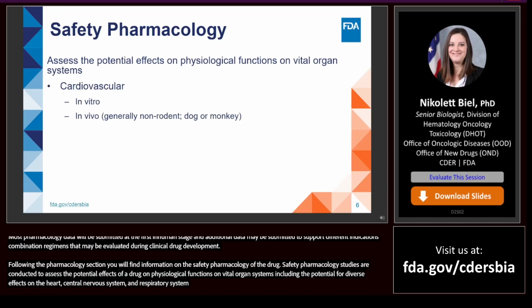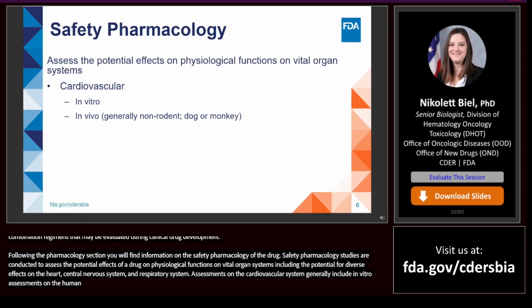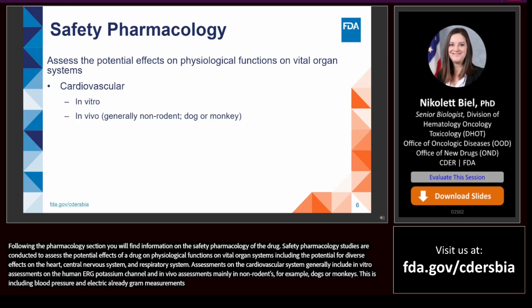Assessments on the cardiovascular system generally include in vitro assessments on the human ERG potassium channel and in vivo assessments mainly in non-rodents, for example, dogs or monkeys, including blood pressure and electrocardiogram measurements. Together, these data could identify a potential risk to normal heart functions.